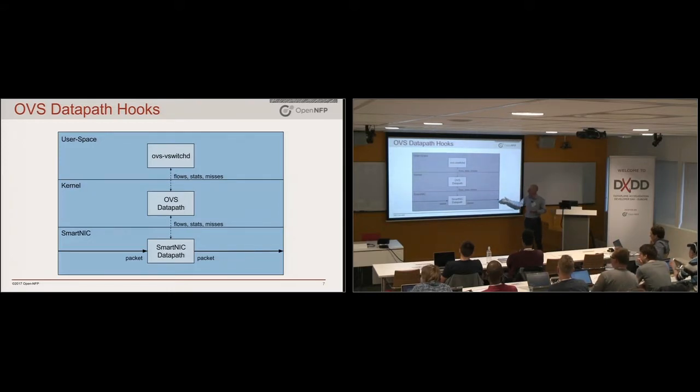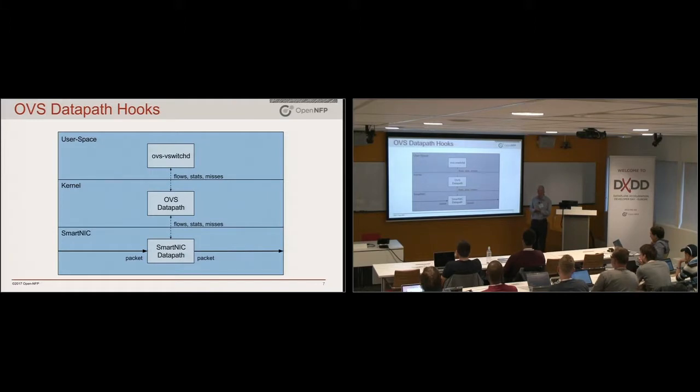So we imagine a packet going through the data path. If there's a flow present, it's processed straight away, no problem. If it's not present, it's pushed up to the kernel data path. Typically, it wouldn't be present there either, so it will go all the way up to user space. User space then decides what to do with it, pushes the flow to the kernel, which, well, not at the same time, but as that's happening, it's pushed down into the hardware.